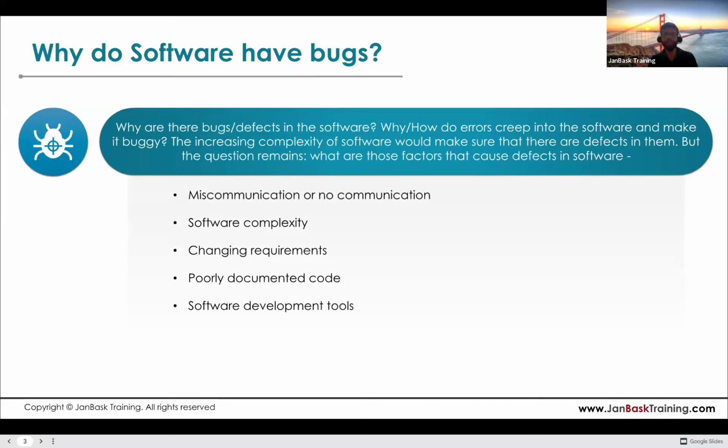There could be two or three different companies collaborating among themselves and developing the whole application. So in those cases, there can be miscommunication. Those modules talk to each other, they are integrated, and the data flows between those modules as well.